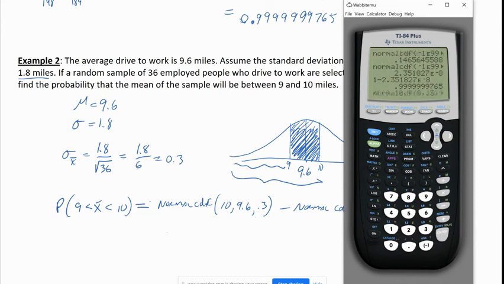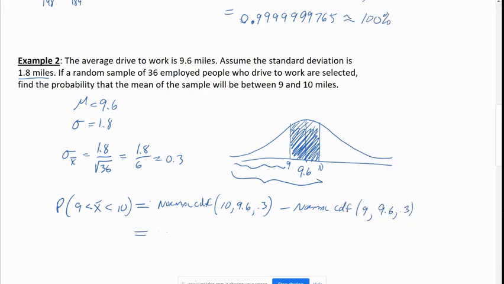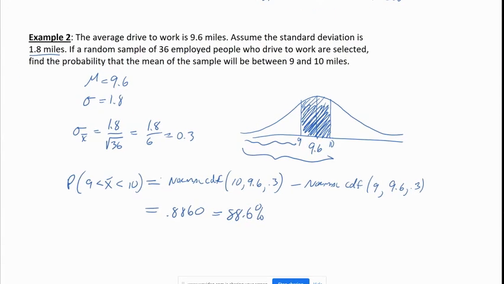And that comes out to be 0.8860, or 88.6%. So that means there's an 88.6% chance that the mean of our sample of 36 employed people is going to be between 9 and 10 miles.